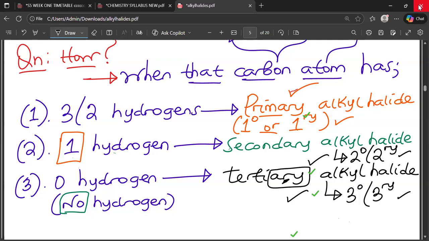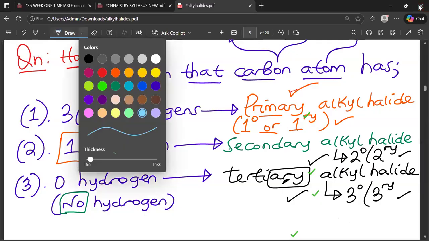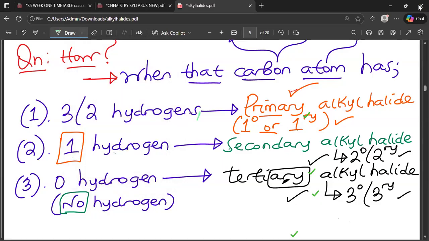So I'm going to be putting here a very simple word that I've been forgetting. 3 or 2 hydrogens attached to it. One hydrogen attached to it. No hydrogen attached to it. Understand?